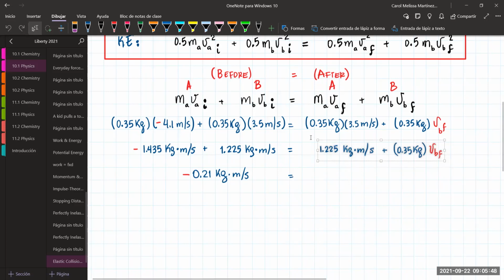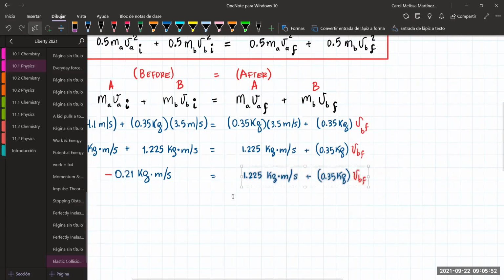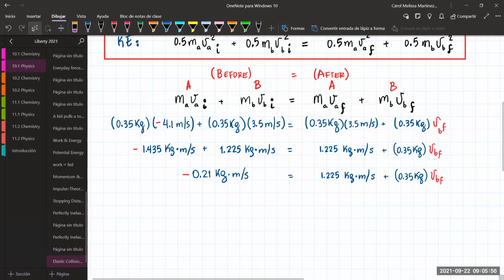Okay. So this is what you have so far. Now take a look. This value here is performing an addition because I don't see any sign here. I assume that it is adding, okay? So when you move it to the other side of the equal sign, it's going to be negative, okay? So this is exactly what you're going to do.